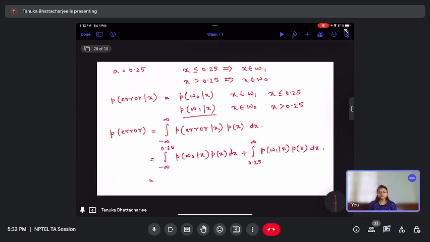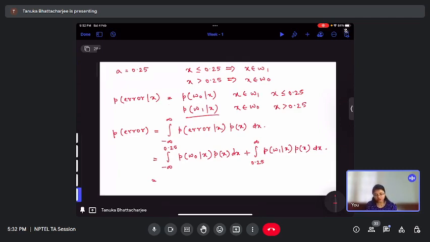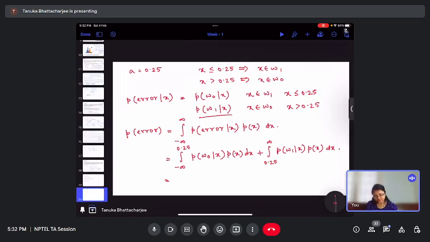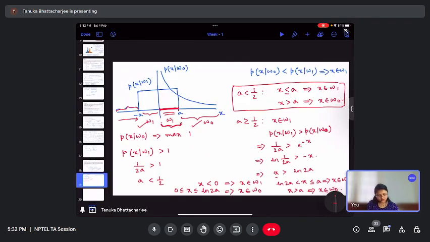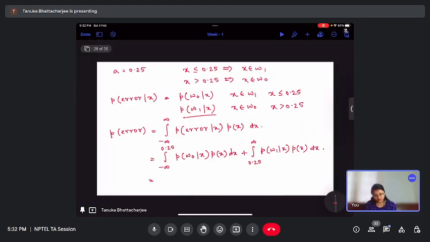Now finally, in this region minus infinity to 0.25, your probability of omega 0 given x, first we will have to go to the class conditional densities, because we do not know the posterior probabilities.